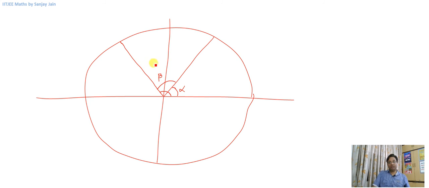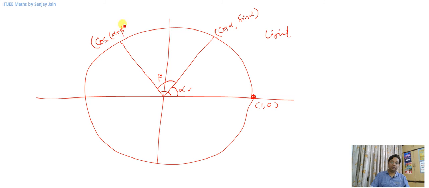Now what are the coordinates of this point? This is a unit circle, so the coordinates of this point here are 1, 0. What are the coordinates of this point? This angle being alpha, the coordinates of this point are cos alpha, sin alpha. And similarly I can say about the coordinates of this point. This point will have coordinates cos alpha plus beta, sin alpha plus beta.